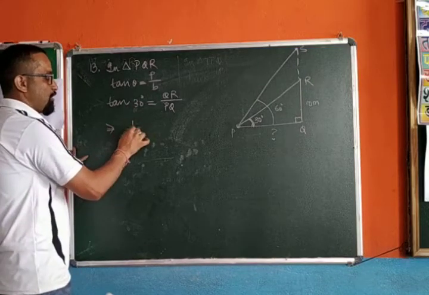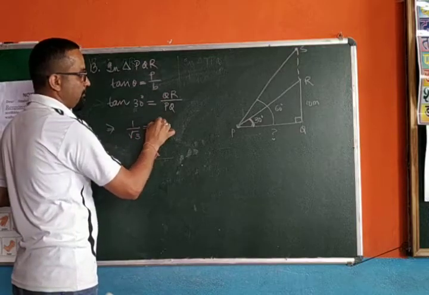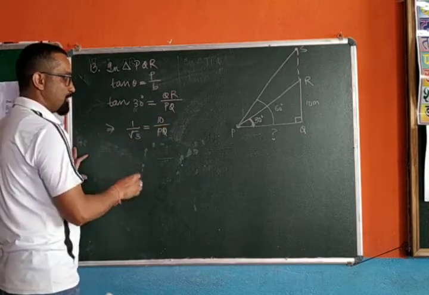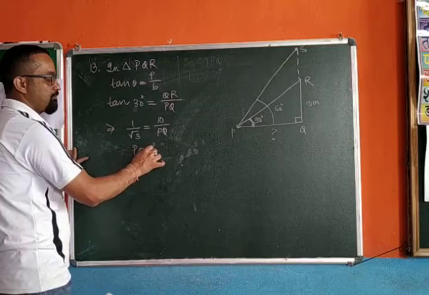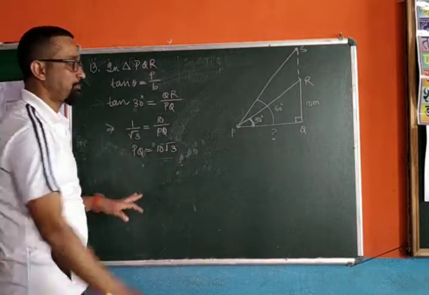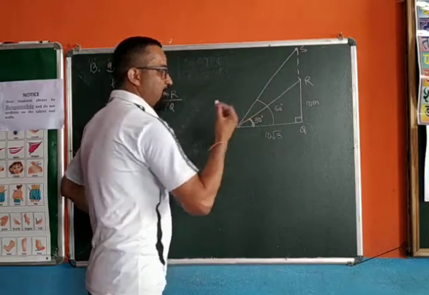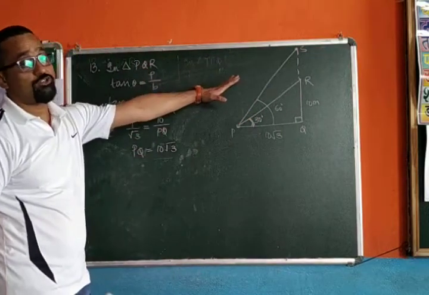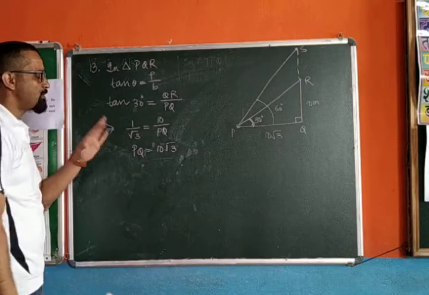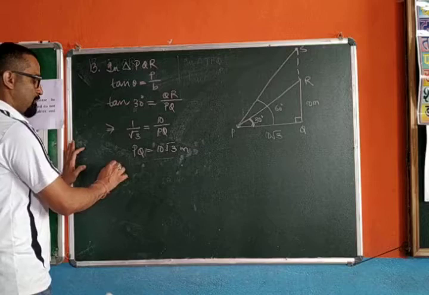Tan 30 is 1 upon root 3, equal to QR, which is 10, upon PQ. Cross multiply, make PQ the subject of the formula. PQ is 10 root 3. Leave it like this. This is the base of both the triangles.